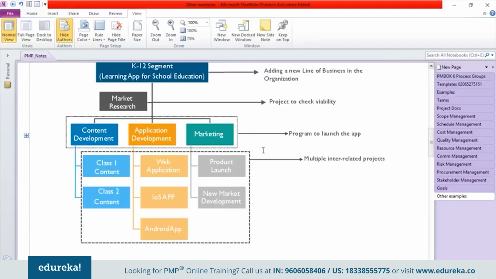So under this portfolio, they are running various projects and various programs. All these programs and projects put together will help them in growing this portfolio of education and in turn achieving the strategic objectives that they have decided at the organization level. So I hope this clarifies your question, Swati.